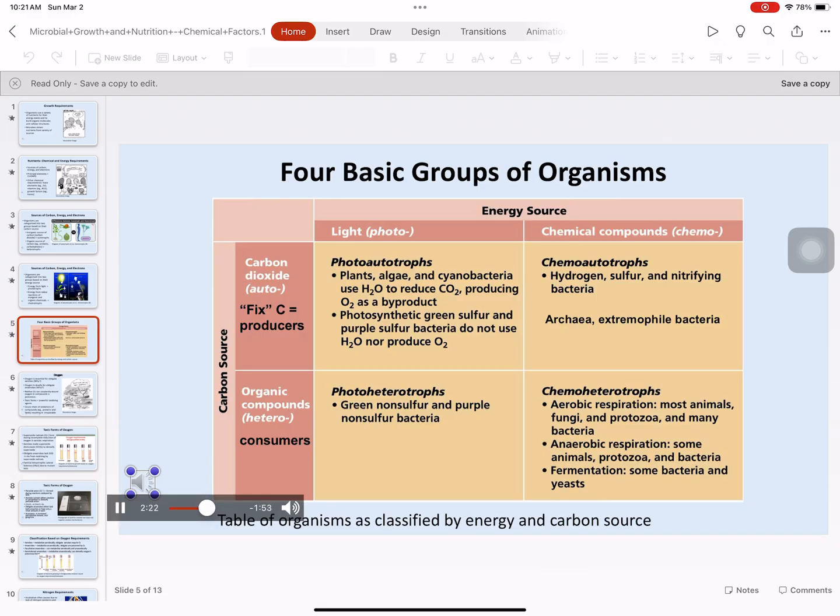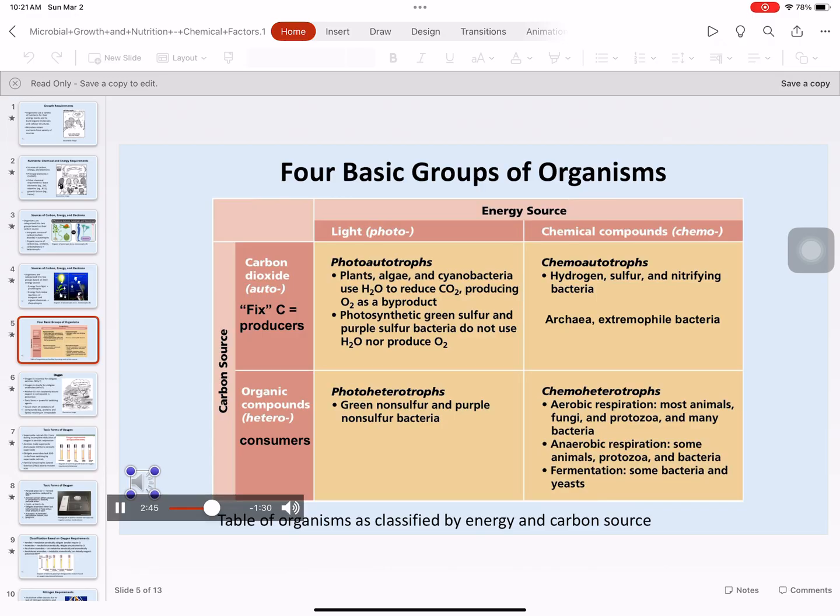Moving on down to our lower left, we have photoheterotrophs. That is, organisms that get their energy from light but get their organic compounds through other means. They get their carbon from organic compounds.